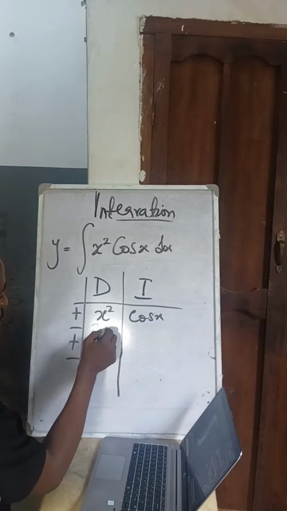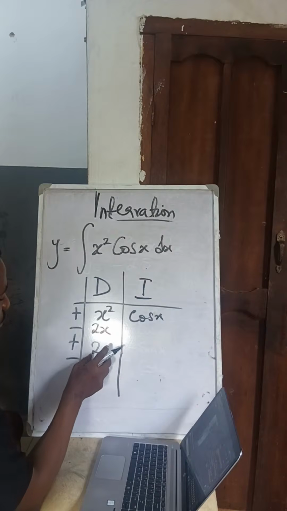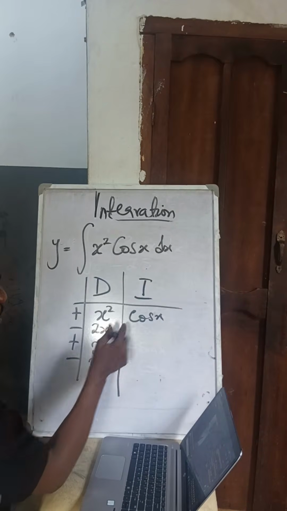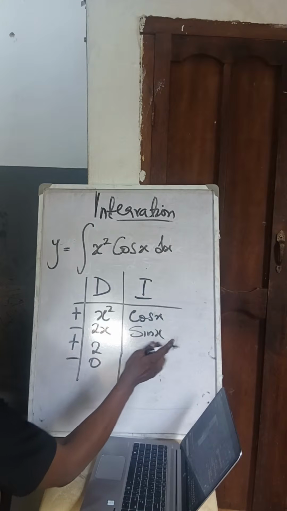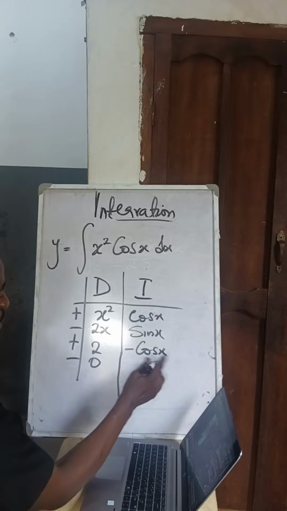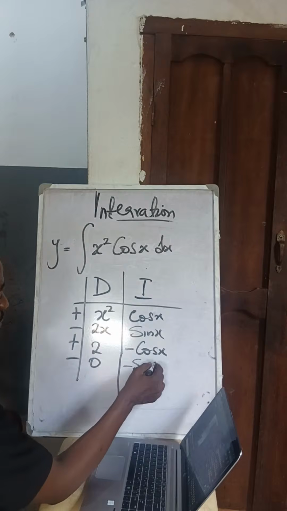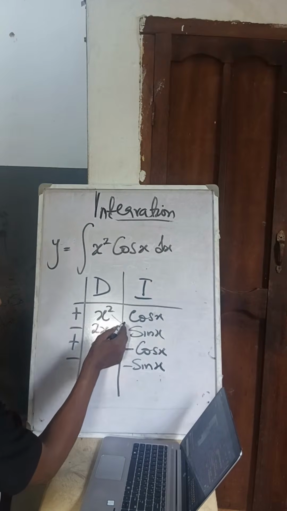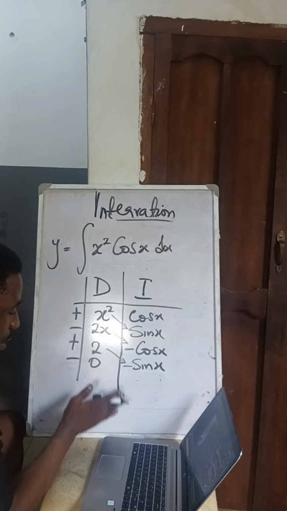You have 2x. Differentiate 2x, you have 2. Differentiate 2, you have 0, you stop. Integrate cos x, what will you get? Sine x. Integrate sine x, you get minus cos x. And integrate cos x, you get minus sine x. All right, so this goes down, goes down, goes down. That's your answer. I hope it's clearer now.